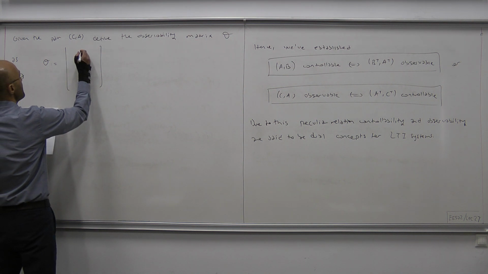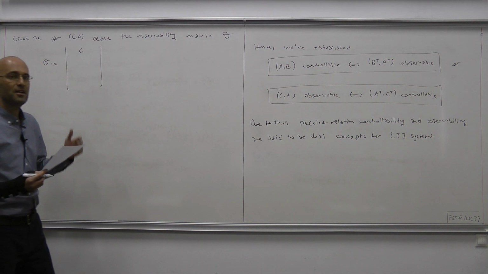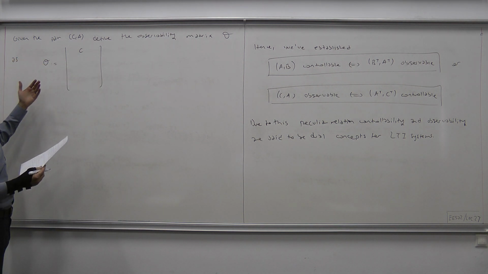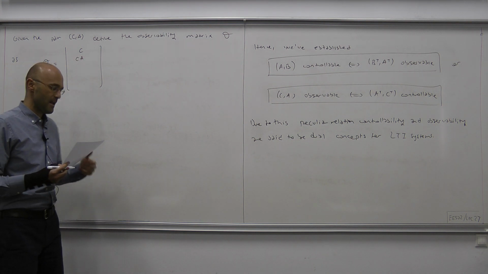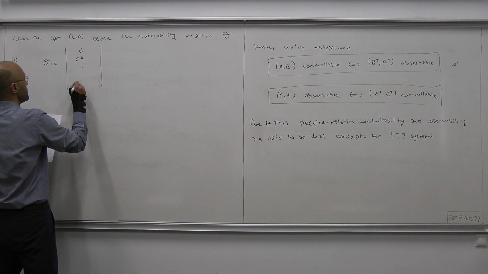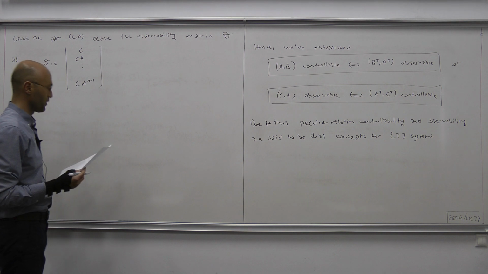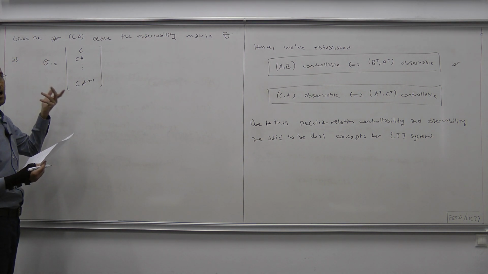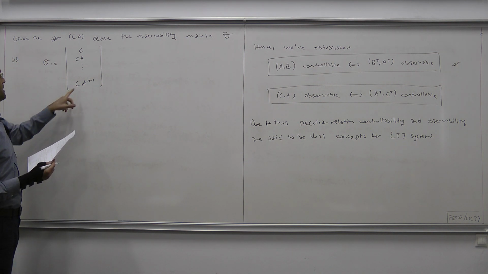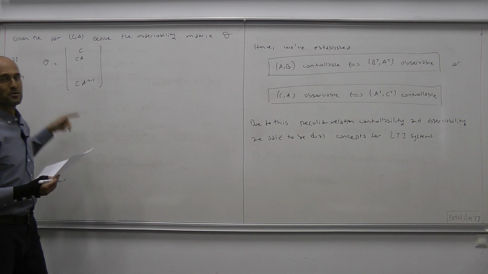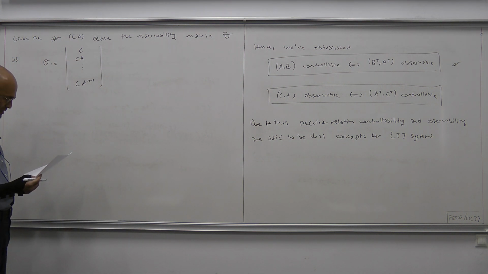So the first n rows come from the output matrix C. The second set of n rows come from this product, output matrix multiplying A, and you keep doing that until you reach the n minus first power of A. If the output is scalar, then this matrix, the observability matrix, becomes a square matrix n by n, where n is the order of our system.